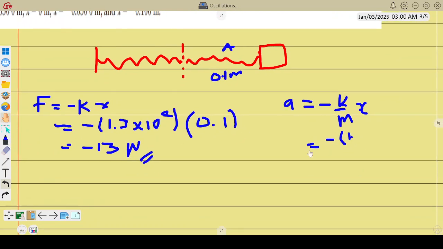The spring constant is 1.3 times 10 power 2. The value of x, we're still dealing with this position, 0.1.